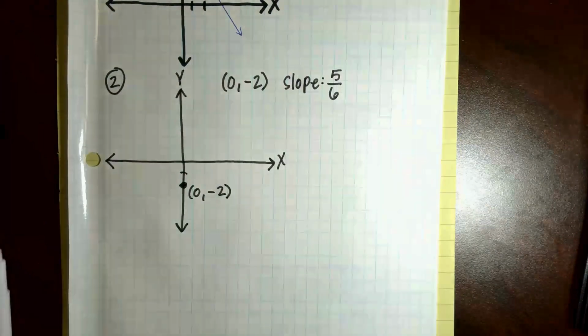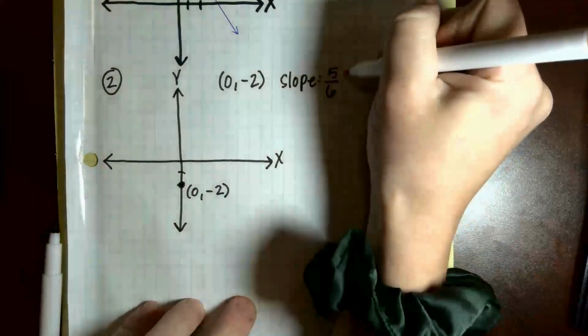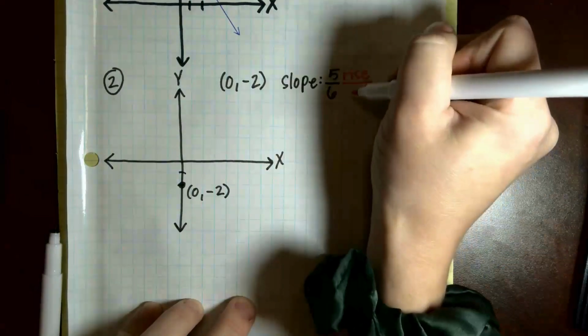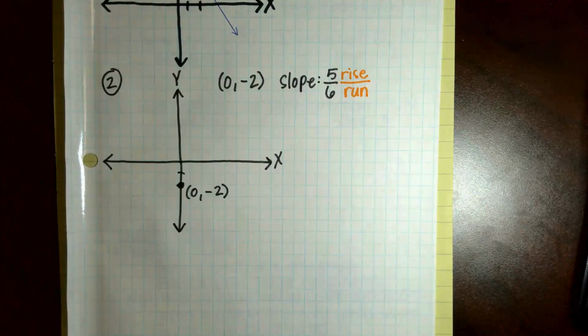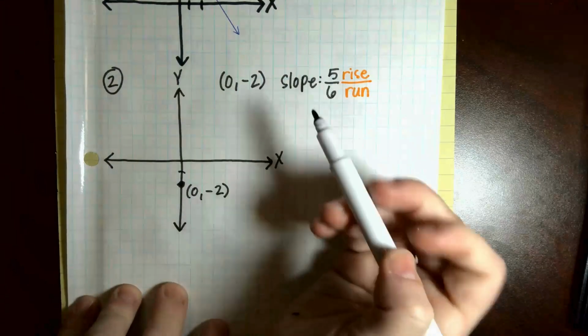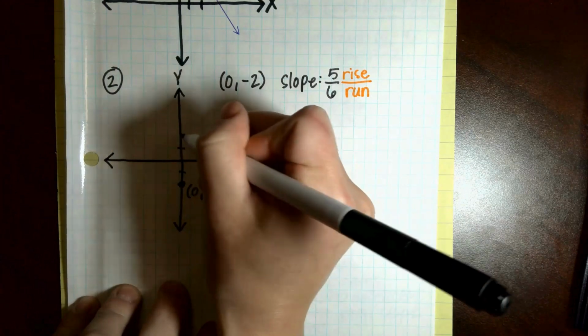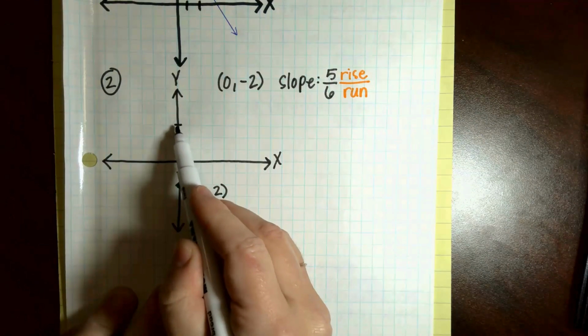Yeah, so I have here my rise over run, my slope. My rise is 5. My run is 6. So exactly what Michael said. I'm going to start by using my rise, my 5. I'm going to go up 1, 2, 3, 4, 5. And how far am I going to run?